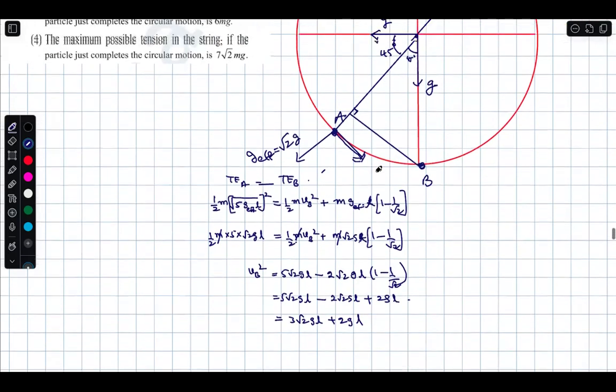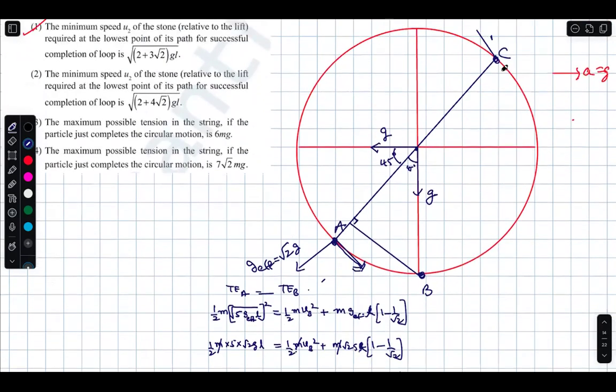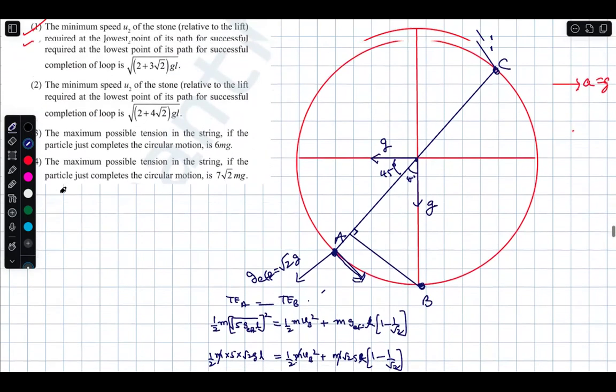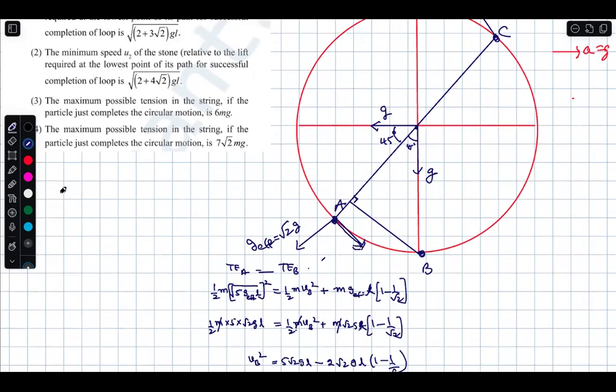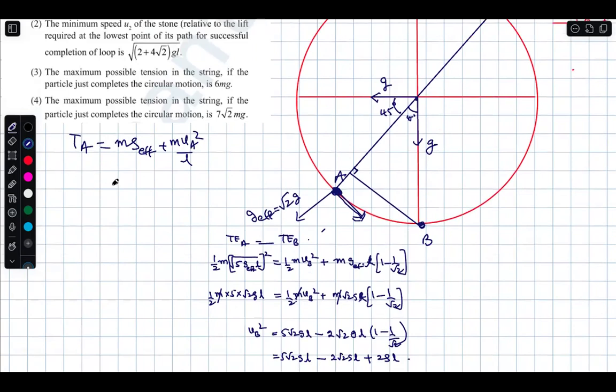Are we clear? Pakka? Even in this case also, if you want a tension difference between A and C, you can. Option one is correct, option two is wrong. The maximum possible tension in the string, if the particle just completes the circular motion, is 6mg. Wrong. What is the maximum possible tension? The maximum possible tension point is this. So tension at A is mg effective plus mVa square by L. What is mg effective?